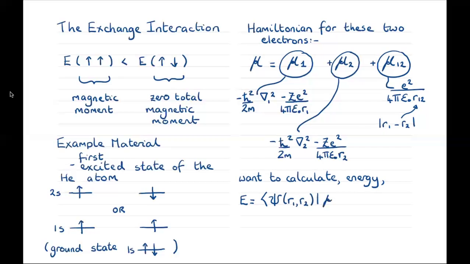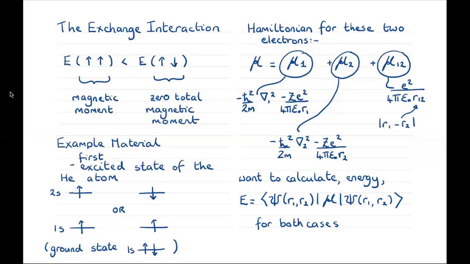It's a 2-electron wave function. It's a many-body wave function describing both the electrons. So it's a function of both the position of electron 1 and the position of electron 2. So we want to calculate this energy for both cases. The case where the spins are parallel and the case where the spins are anti-parallel.